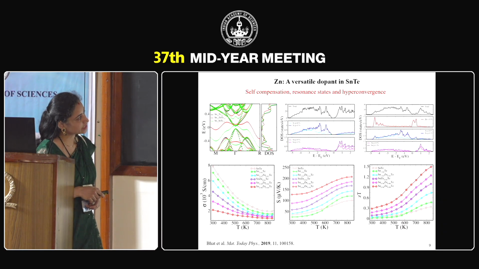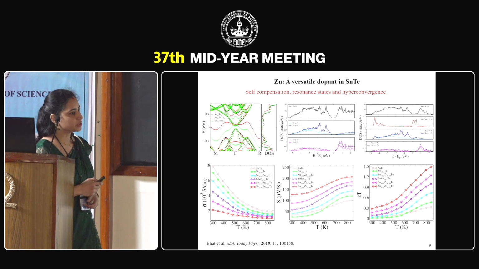Here we see that the zinc s orbitals hybridized with the tellurium p orbitals, giving rise to a resonance level, and because of the increased density of states and increased effective mass, we see that the Seebeck coefficient drastically increases at room temperature, and this material exhibited a ZT of 1.28 at 300 Kelvin and 1.49 at 840 Kelvin.